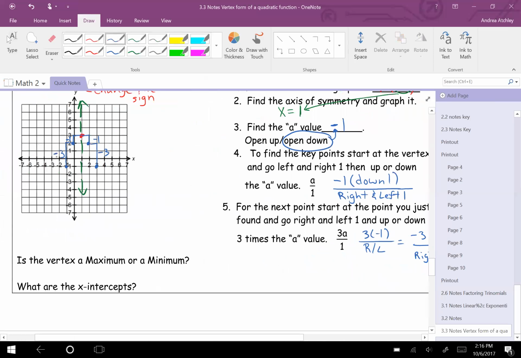If I wanted to keep going, the next one would be 5a over 1. So it'd be 5 times -1 over 1, which is down 5, right and left 1. So from this one, I'm going to go to the right 1 and then down 1, 2, 3, 4, 5. To the left 1 and then down 1, 2, 3, 4, 5.